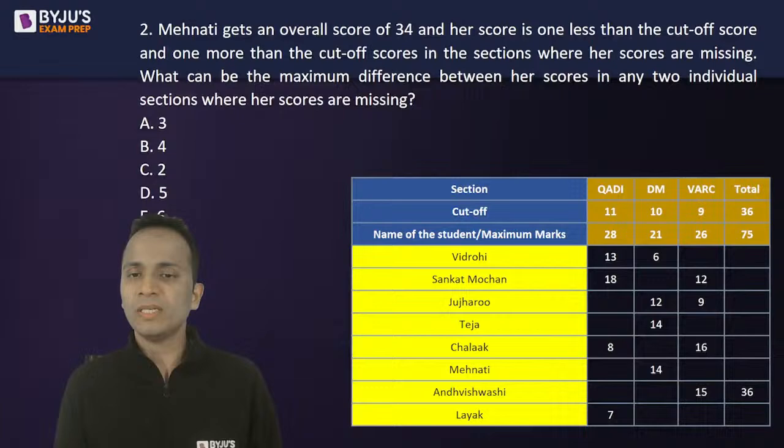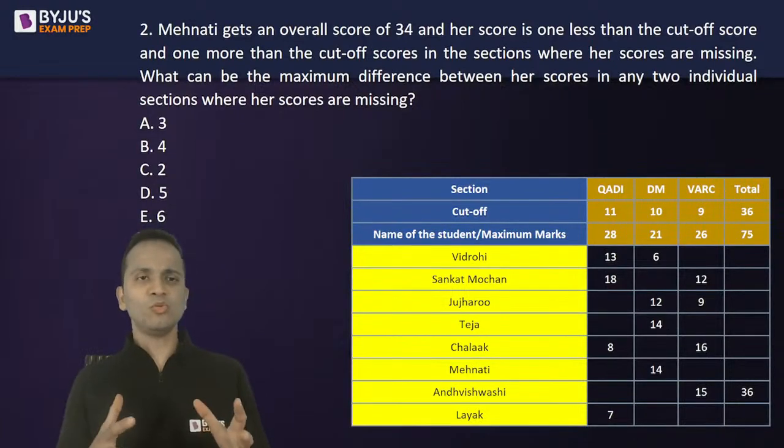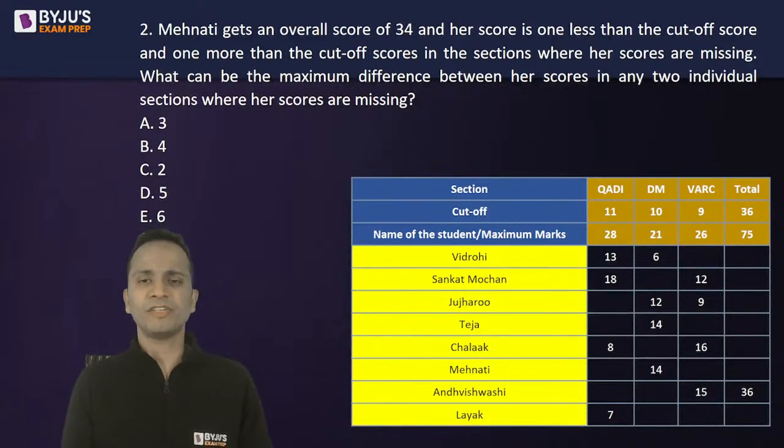Now attempt this one. This is similar to the one that we have just finished. So you'll have to look at all the possibilities that can be there in this question.